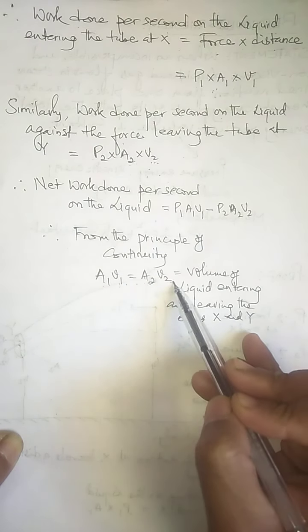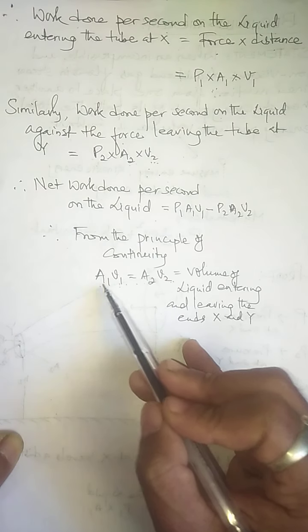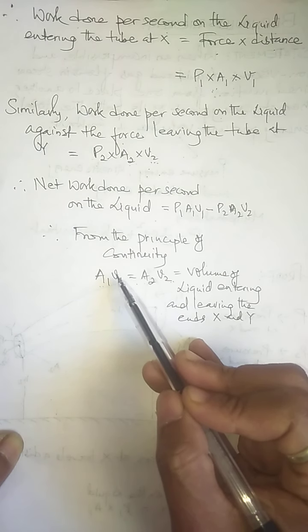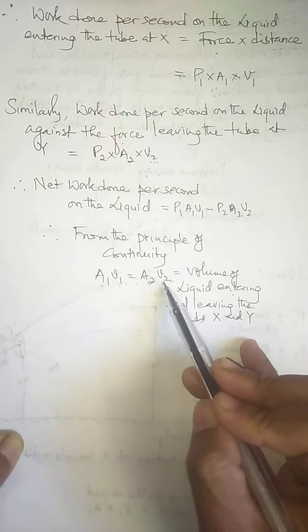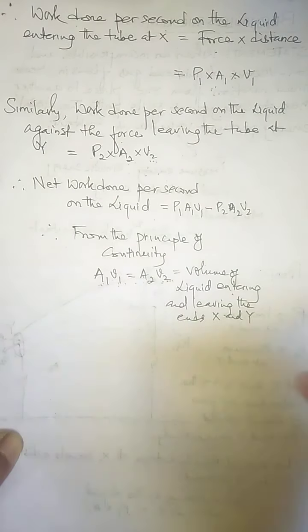So the product is A2 B2. But this area and this velocity, meaning the distance traveled in 1 second, is also the volume of the liquid. So this product is actually the volume of liquid which is entering at X and leaving at Y.